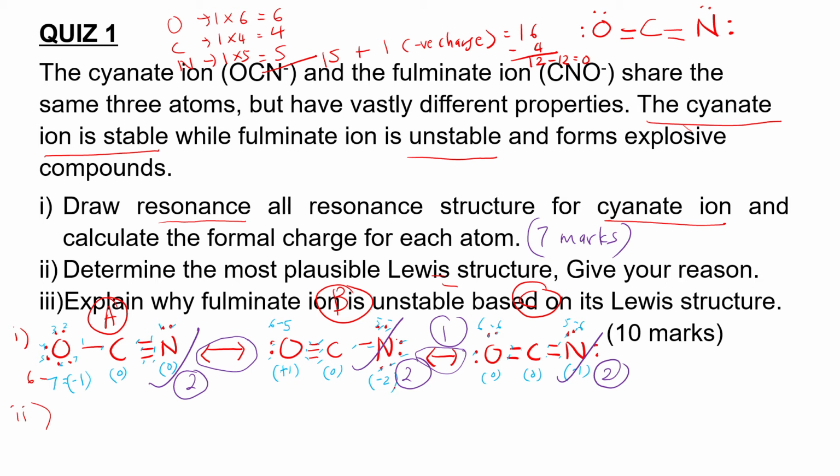Negative 2 is quite far from 0, so we don't choose structure B. Between structure A and structure C, which one is more electronegative? We have negative 1 for oxygen, and negative 1 for nitrogen. Remember, the most electronegative atom is fluorine, F. After F, we have O. So we choose structure A.